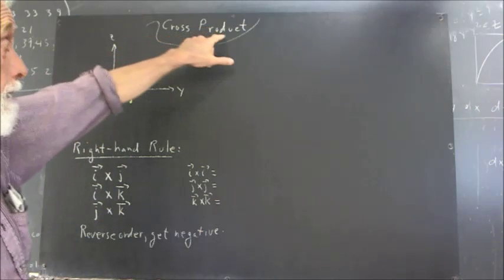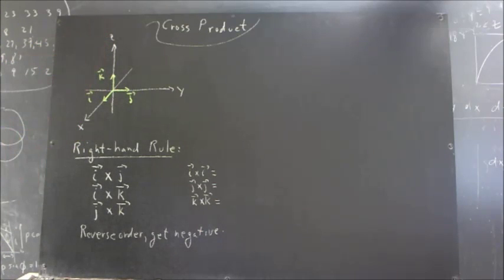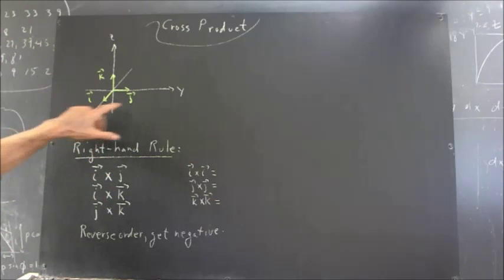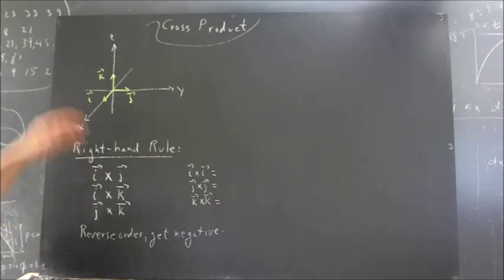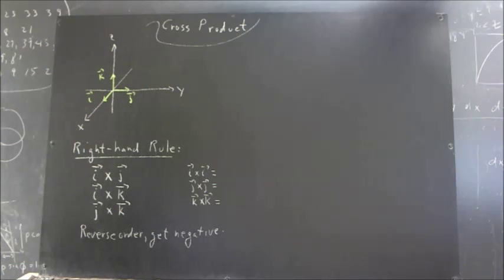The cross product requires that we have vectors that represent each of the 3 dimensions. It doesn't actually require it, but it's very convenient to have unit vectors in each of the directions of the 3 rectangular coordinate axes.